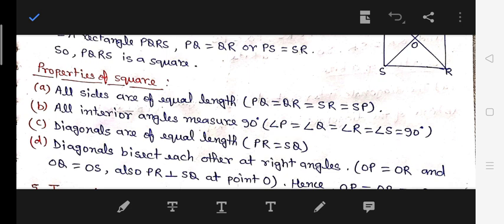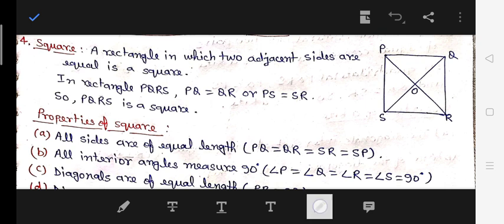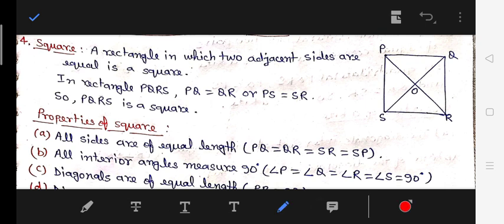Now the fourth property: diagonals bisect each other at right angles. So OP equals OR and OQ equals OS, and also PR is perpendicular to SQ. Now here I am going to explain. Both the diagonals are equal, that is one of the properties. Next, they bisect each other. It means OS equals OQ and OR equals OP.